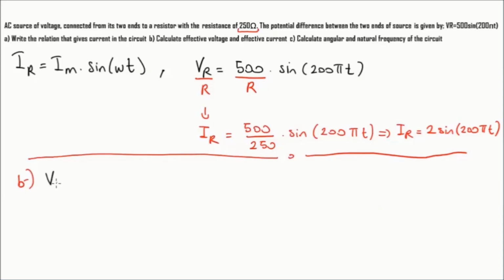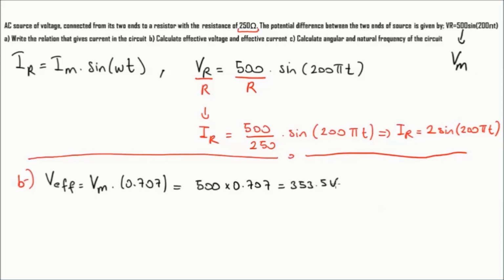V effective is equal to V max times 0.707, and V max is 500, times 0.707, and it's going to be 353.5 volt.